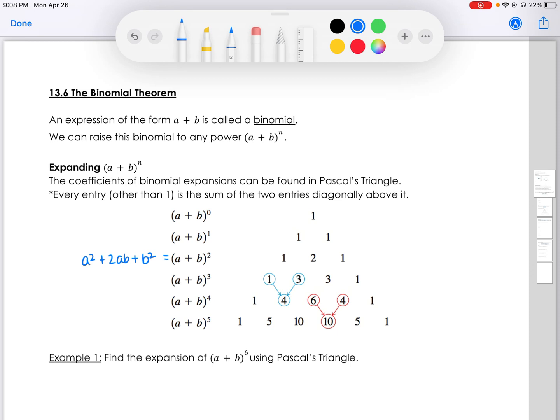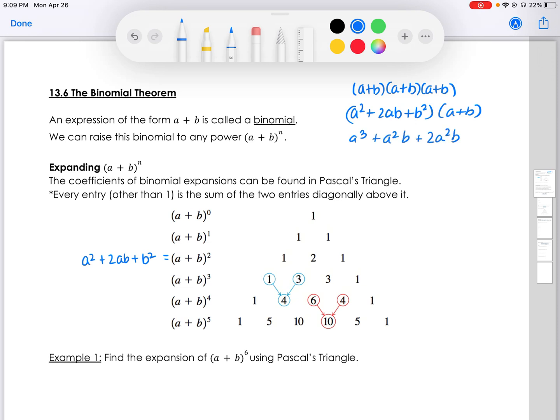A plus b cubed, that's going to give us a plus b times a plus b times a plus b. We know we have a squared plus 2ab plus b squared, and then we'll multiply again. And we'll start to see a pattern when we go through all of this.